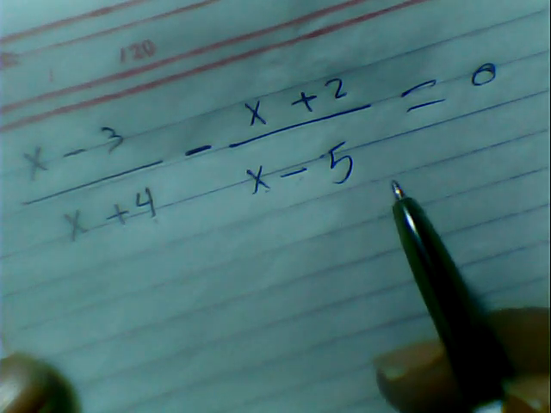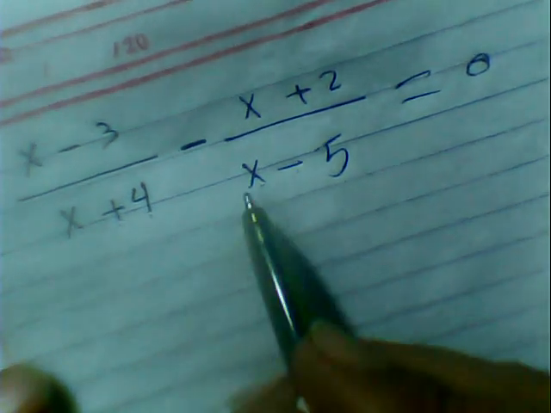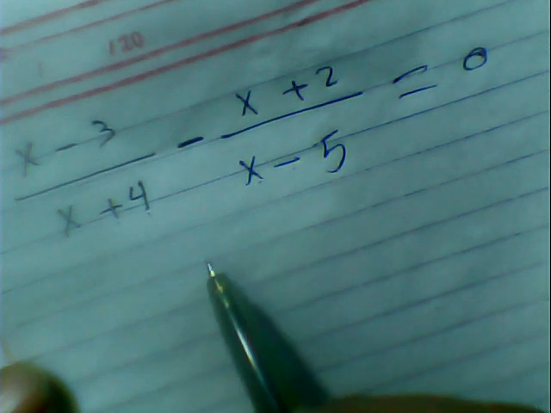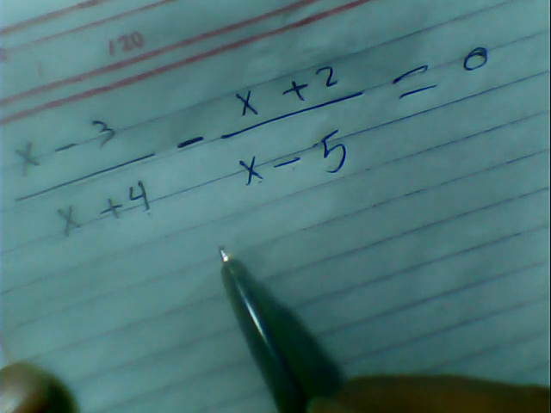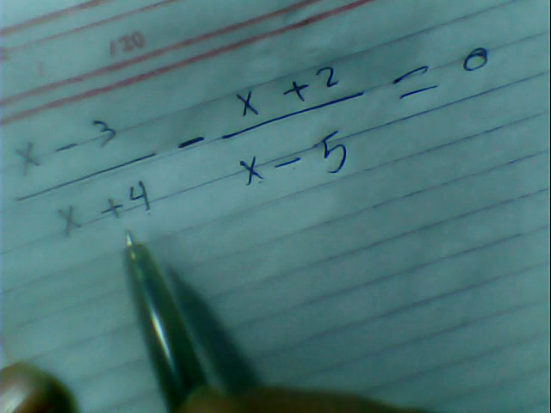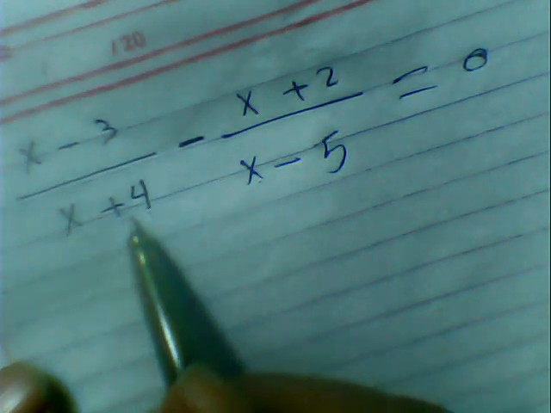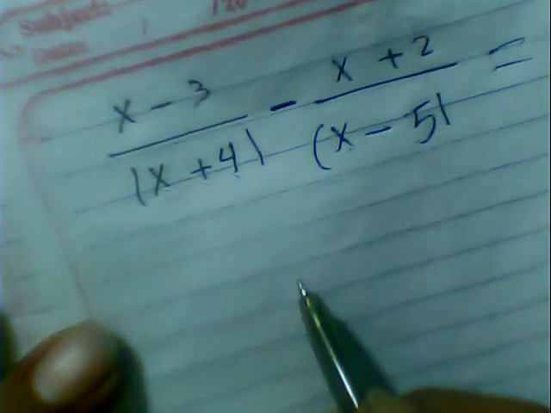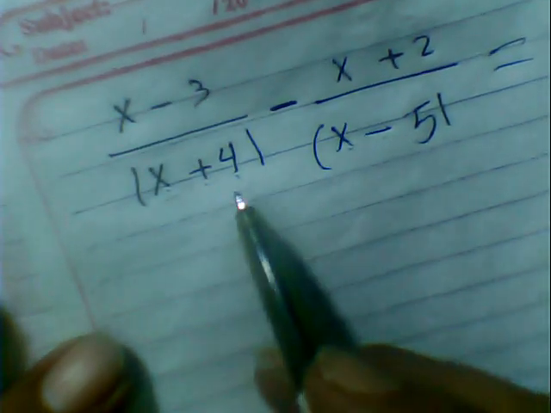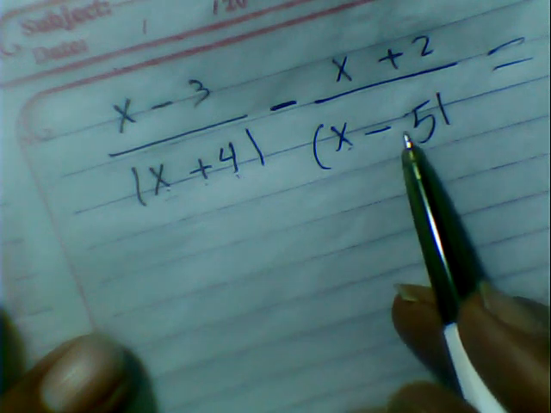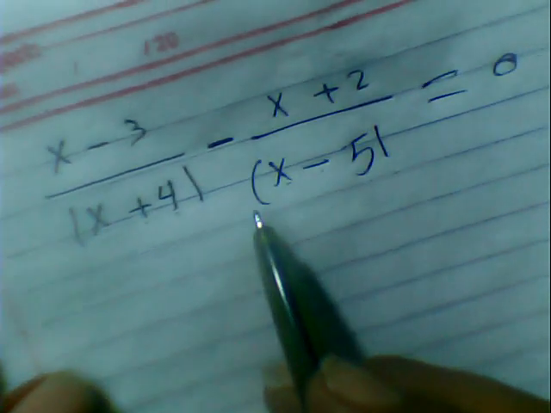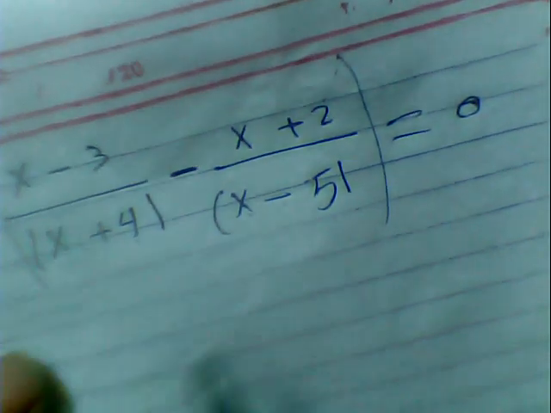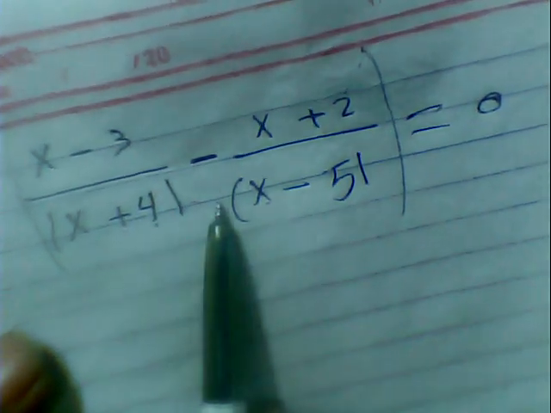Then what can we do? We can find two ideas, but the good idea is to find the common factor x plus 4 and x minus 5, and multiply all by it.